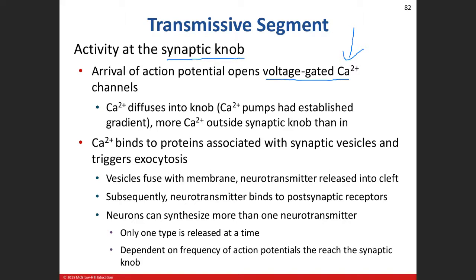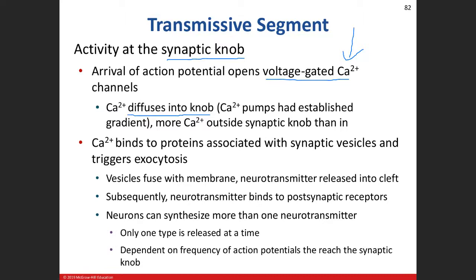Their job is to pump calcium out of the synaptic knob, and so they created that concentration gradient. So calcium then diffuses into the knob. This is another reason why calcium is an important element to have in your body. You don't want to be low in calcium because then it affects our neuron function.